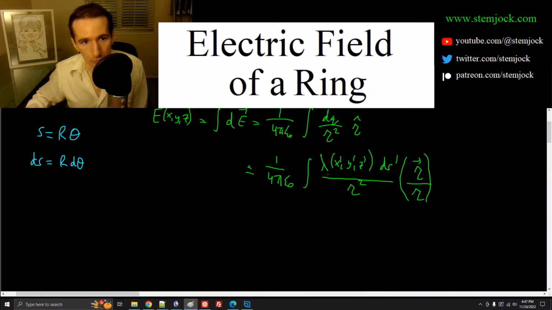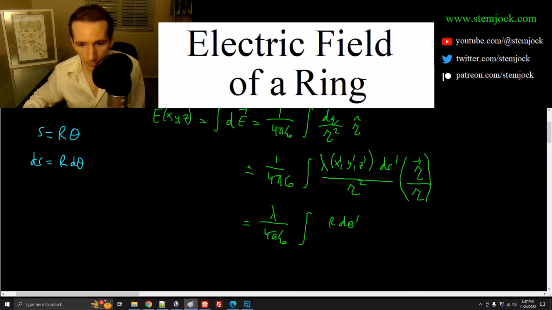And because the charge density is constant, I can pull it out in front of the integral with the rest of the constants, and that will give me lambda over 4 pi epsilon 0, and now the integral of ds prime, that's R times d theta prime, over r cubed times the vector r.